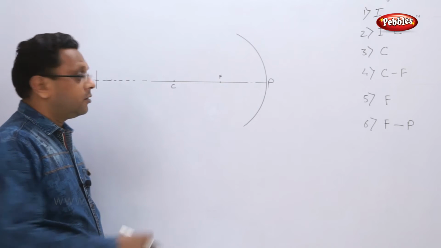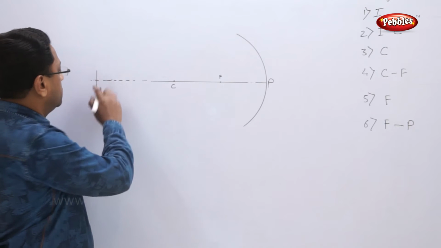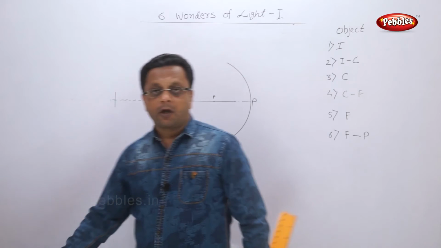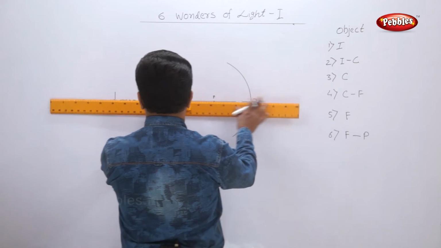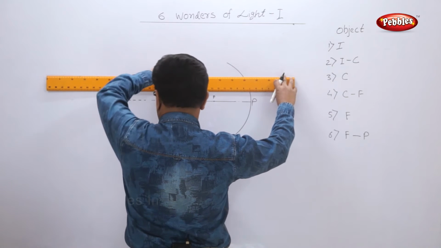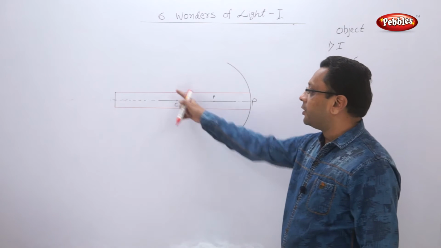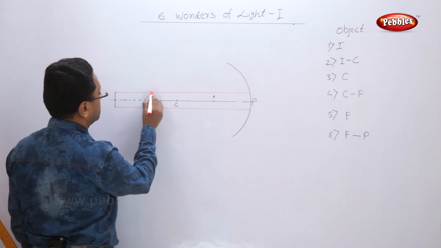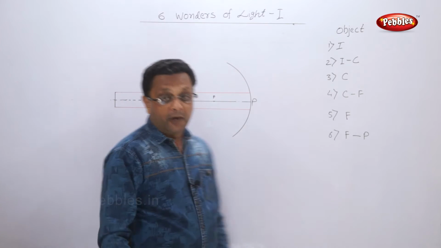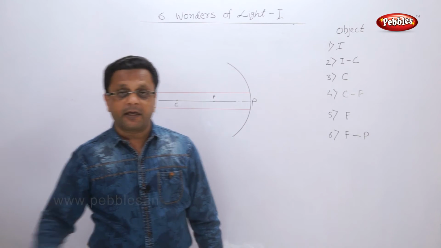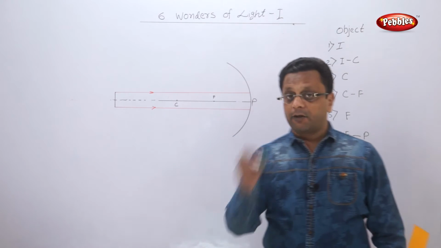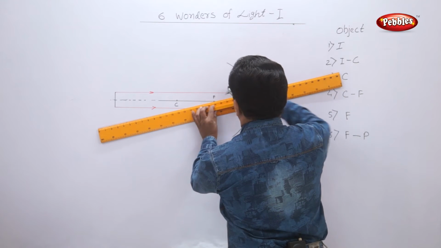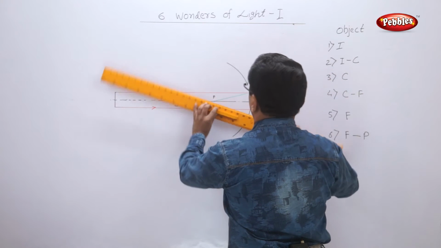Only in this case the object will be like this, on both sides of the axis. From infinity, two rays are coming parallel to the principal axis. These are the incident rays, and the reflecting rays, since I told you whenever parallel rays are reflected, they will pass through F. So both the rays will here pass through F.